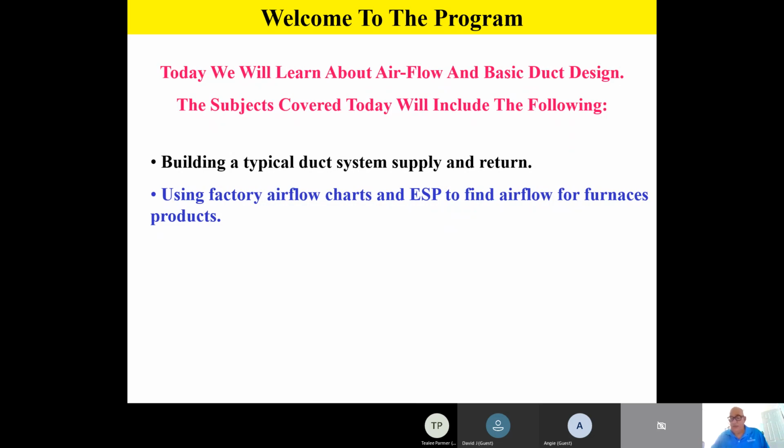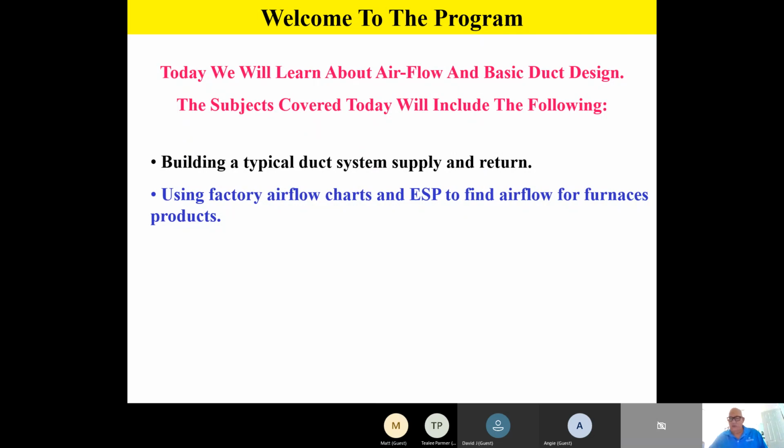looking at static pressure. As a matter of fact, just a quick little story. I was on the telephone today with some commercial units. We actually have 5 units, and every single one of those units is suffering from a very, very poorly designed duct system. As a result, their external static pressure is way off the factory charts, and they're having multiple issues.